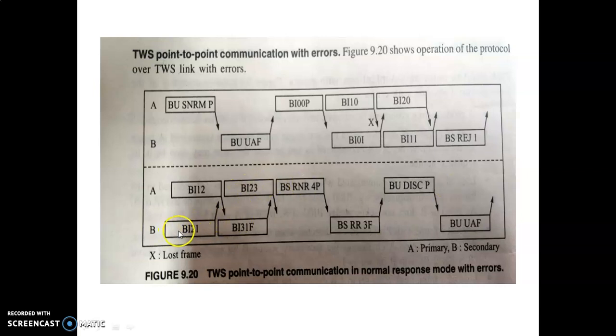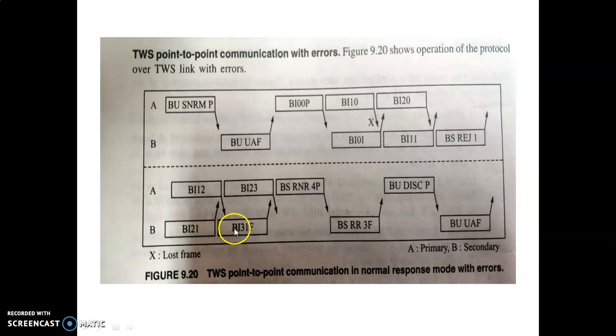At the same time, you see here also, B sends I2, because it has sent I1, now it sends I2. Why is this 1? Because it did not receive I1 from A, so it is still asking for 1 over here.